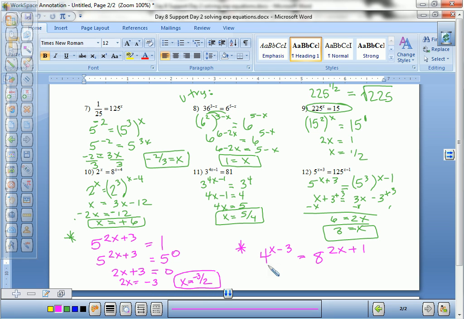Okay, what could be a common base? 2. So when you can't write the bigger one as a power of the smaller one, you have to find a different common base. 4 is 2 squared. 8 is 2 to the 3rd.